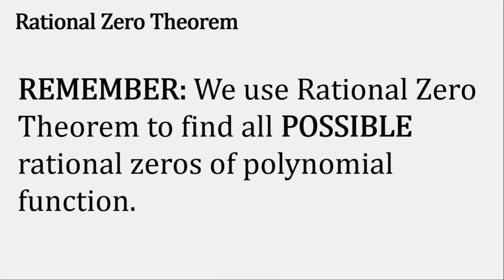Again, remember, we use the rational zero theorem to find all the possible rational zeros of the polynomial function, or the possible values of x that would make the polynomial function equal to 0. It doesn't necessarily tell us that all the numbers we get are the real rational zeros of the polynomial function. We're just getting the possible values.